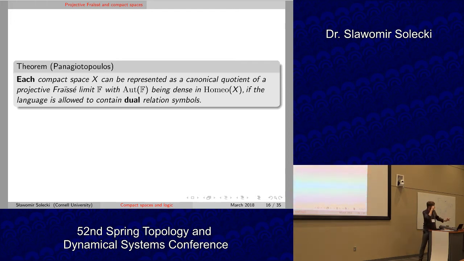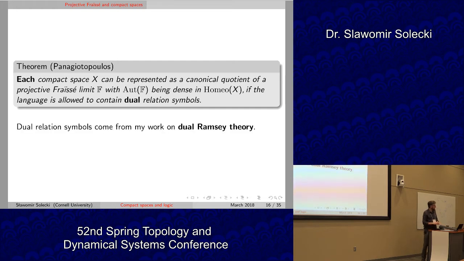I should say that the inspiration came from dual Ramsey theory. There's also in Ramsey theory this duality. And so naturally when one tries to dualize so-called structural Ramsey theorems, these are the relations one comes up with. And it turned out that they are relevant here as well.